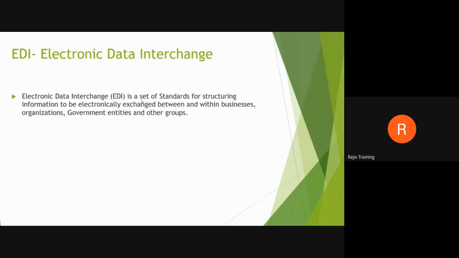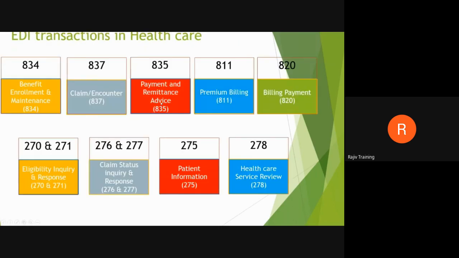Okay, so that's what it is. Let's try to understand more on this. When it comes to the various transactions that are there in EDI, these are a couple of those: 834, 837, 835. Have you come across such numbers?